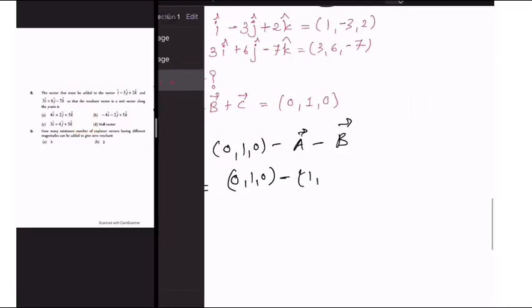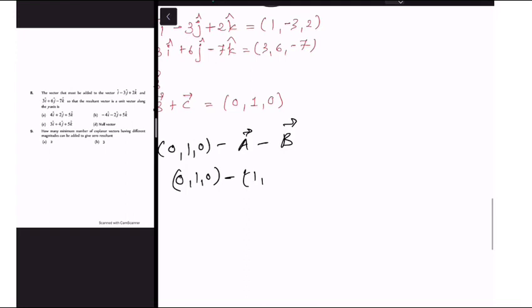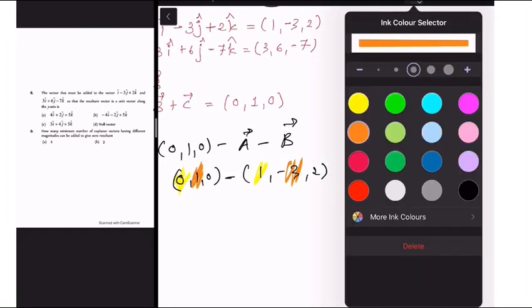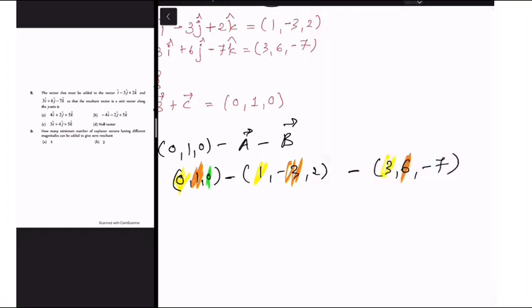So 0, 1, 0 minus vector A, which is 1, minus 3, 2, minus 3, 6, minus 7. You must remember this: x coordinate minus x coordinate, y coordinate minus y coordinate, and z coordinate minus z coordinate.